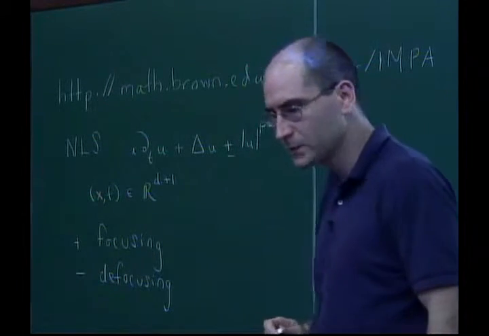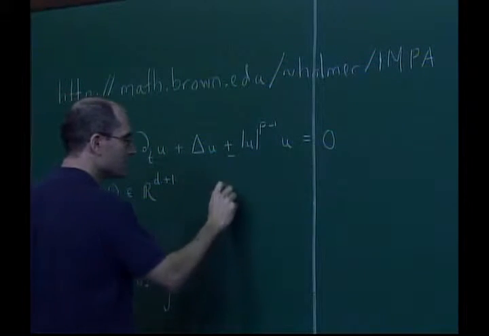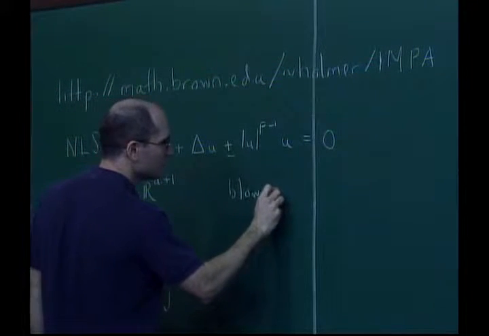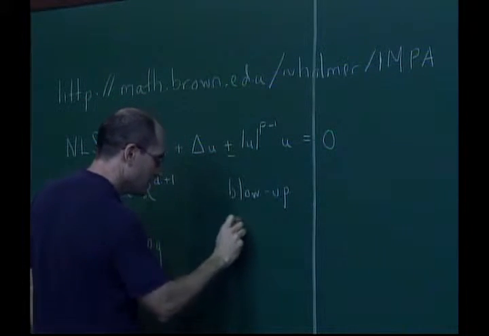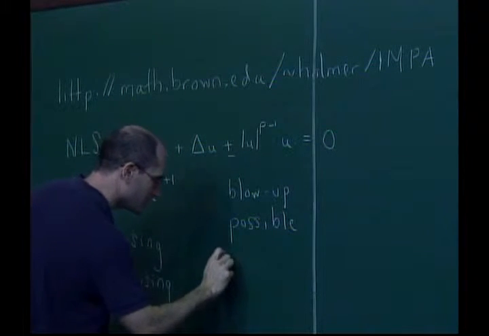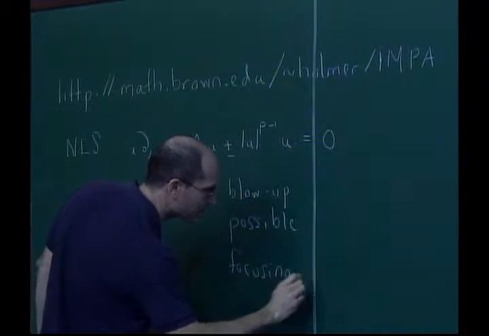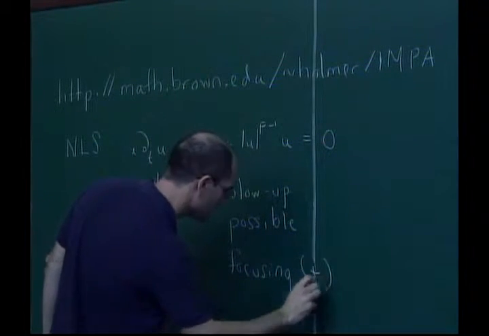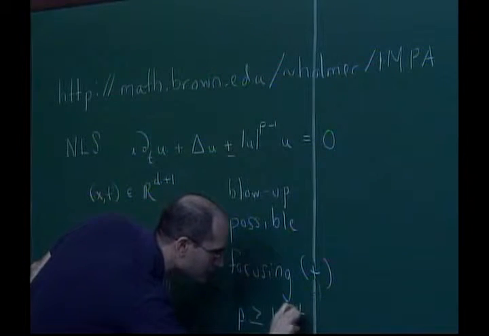And blow-up, the phenomenon that we concentrate on, which we will define precisely, is possible in the focusing case for p greater than or equal to 1 plus 4 over d.